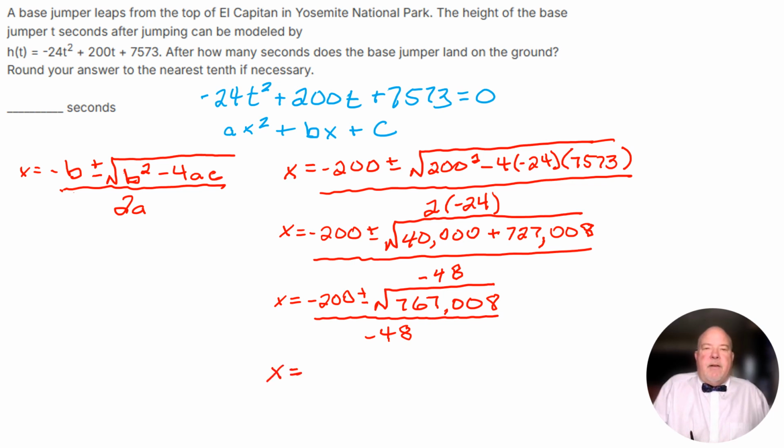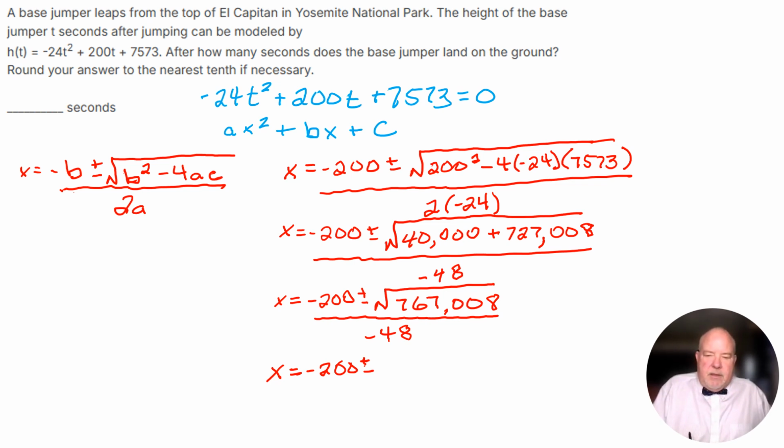We'll figure it out. So x equals, I told you this is a lot of work, negative 200. And this is something you just need to take your time and be careful because there's lots of opportunities here to make a mistake. So the square root of 767,008, that's going to be an irrational number.